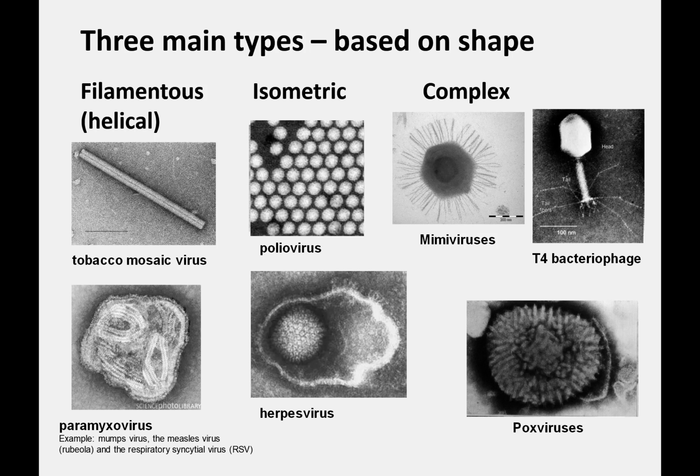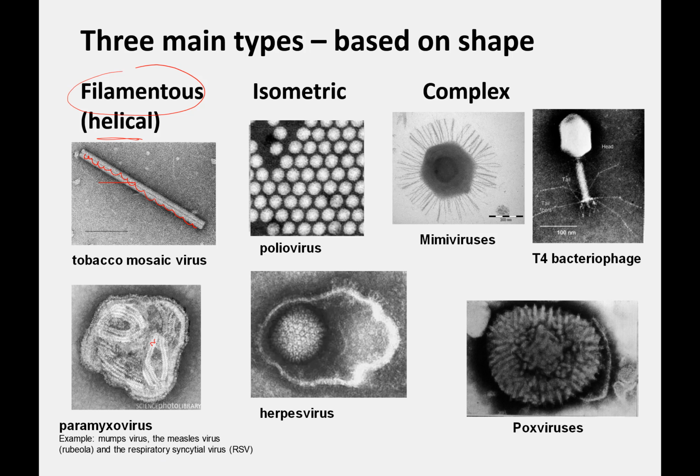So there are three main types of viruses based on their shape. A virus can be classified as filamentous or have a helical shape. So you can see tobacco mosaic virus. This actually has the, I think tobacco mosaic virus is a DNA virus, inside the nucleocapsid.